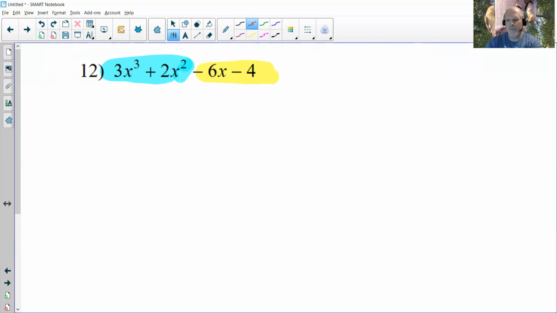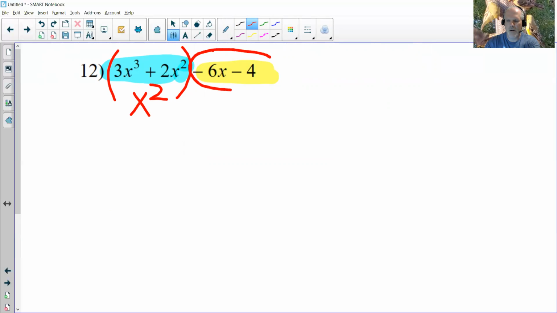Okay, so we're looking for a GCF of this part, and it's x squared. Then we want a GCF over here. Now, remember, we don't want to start a polynomial with a negative. And since I have this minus sign in the middle here, I want to factor that out. So my GCF here is going to be negative 2.